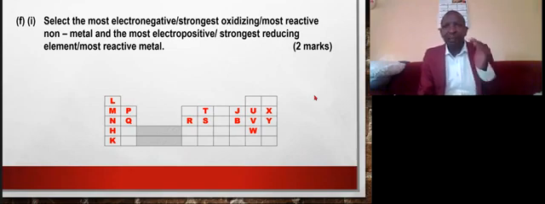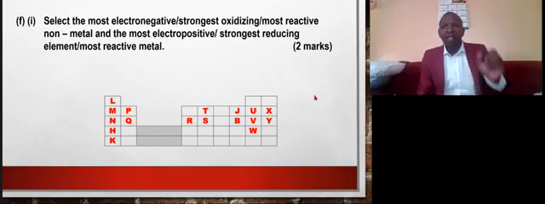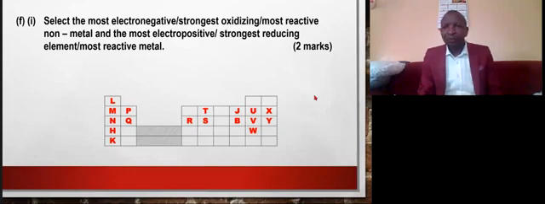I think you're capturing that point clearly, that the strongest reducing agent is always the most reactive metal. It is the metal with the largest atomic radius.